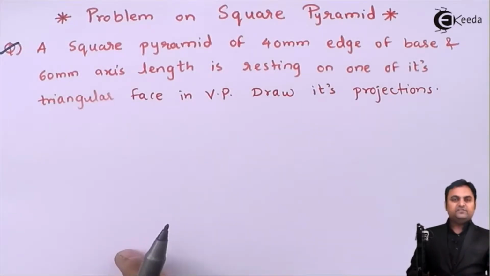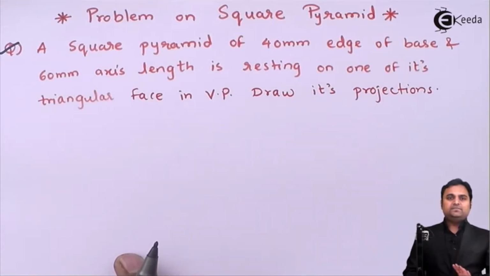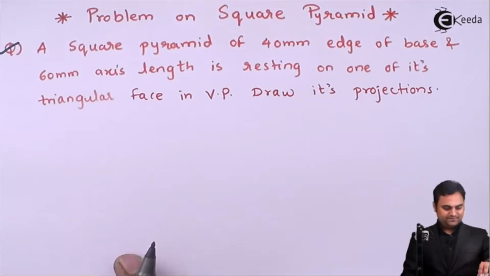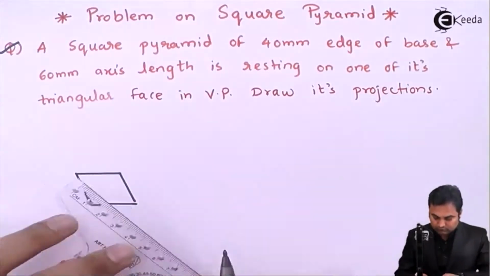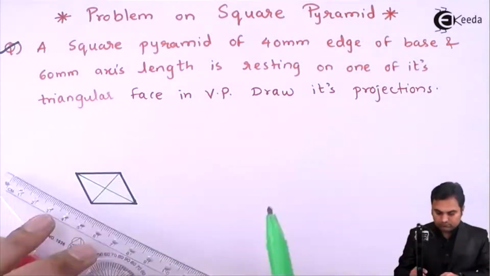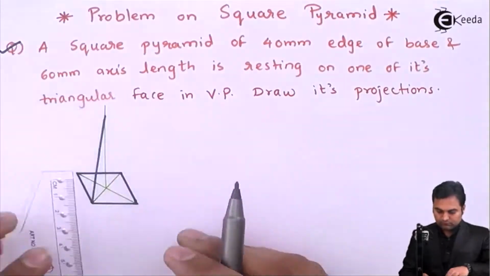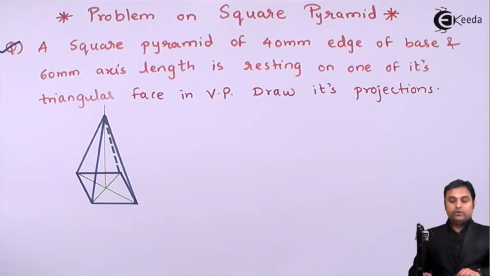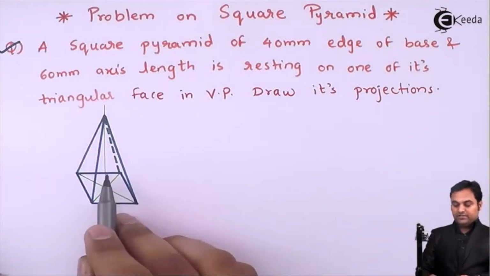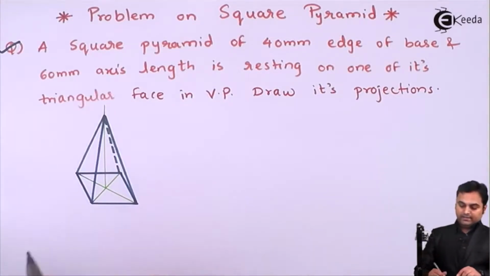So first I'll draw the rough diagram of the square pyramid and explain the initial conditions. So this is a square pyramid having its base in the form of a square, and it has four triangular faces.